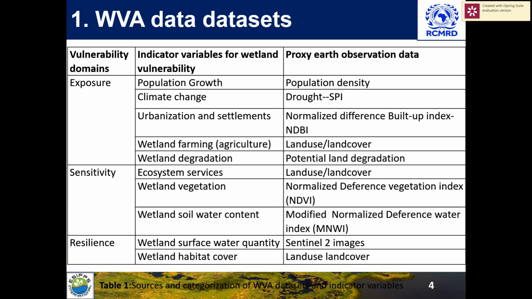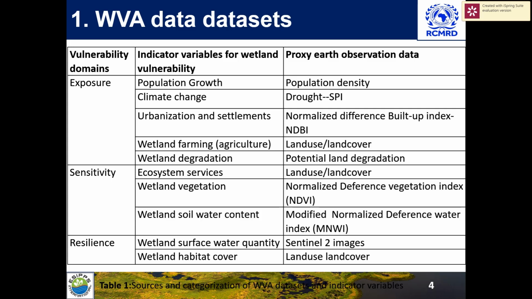The sensitivity domain, on the other hand, has proxy data sets, which include, for the ecosystem services indicator variable, land use, land cover, which was used to generate that. And wetland vegetation was generated from the normalized difference vegetation index, commonly known as NDVI.